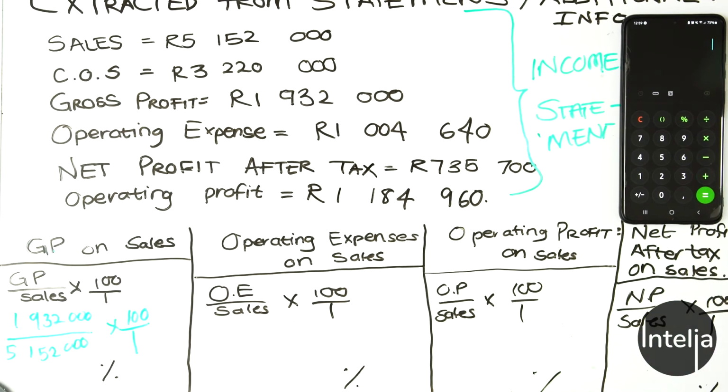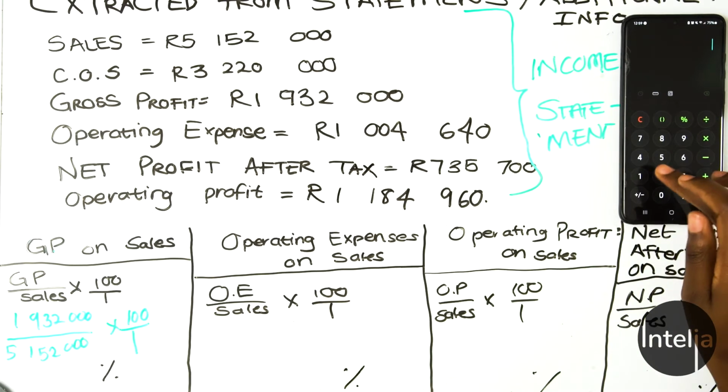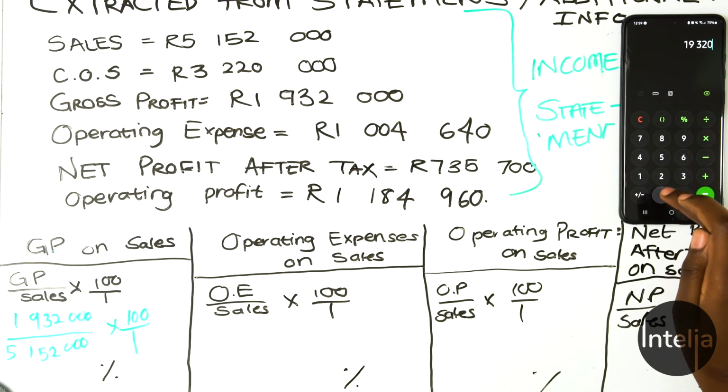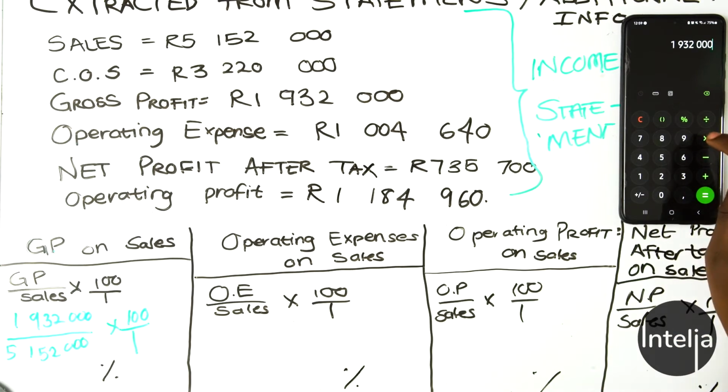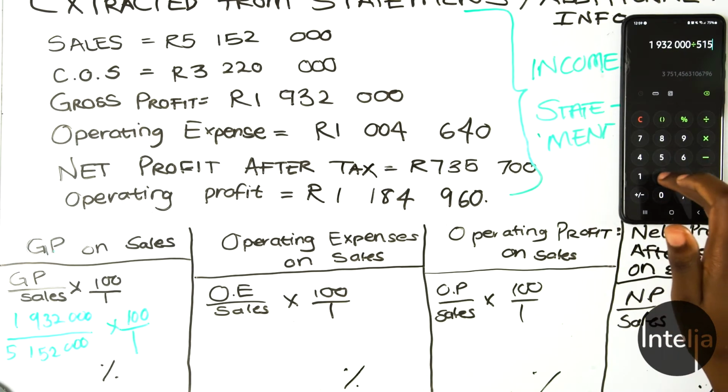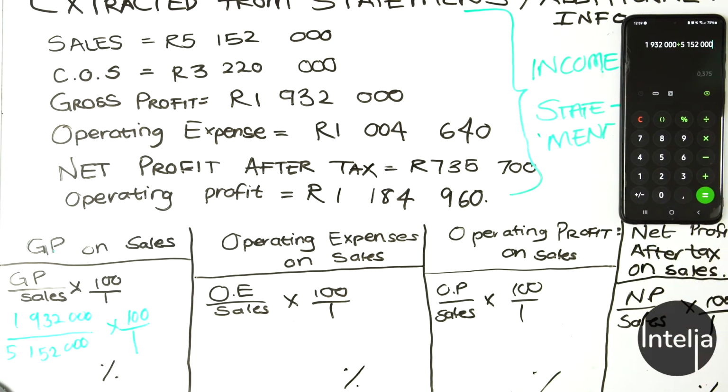So when we come here, we say 1,932,000 divided by 5,152,000, multiplied by 100, and that gives us 37.5.